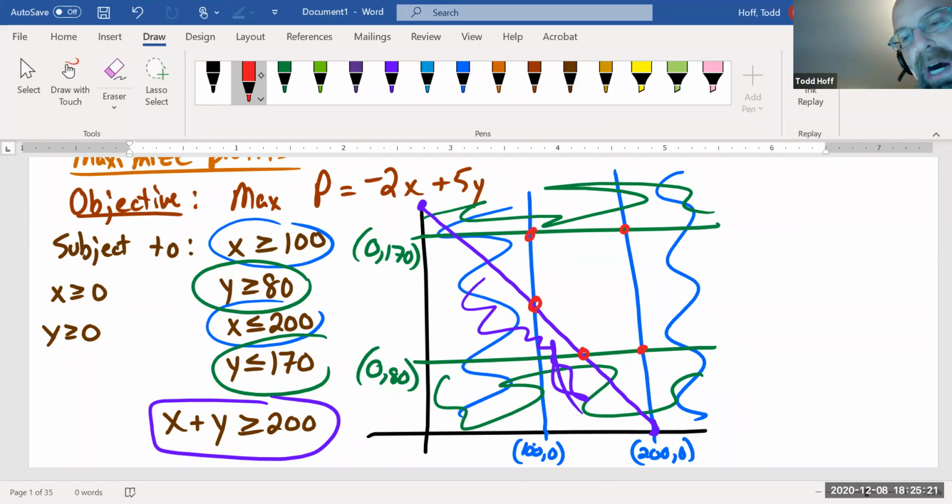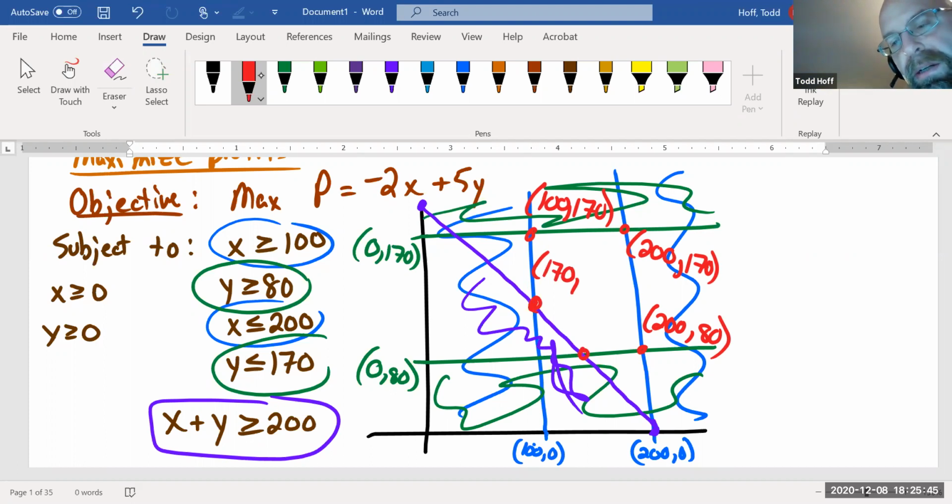3 of them are pretty easy to find. This one here is just 200, 80. This one up here is 200, 170. This one here is 100, 170. This one here, the X coordinate is 100.